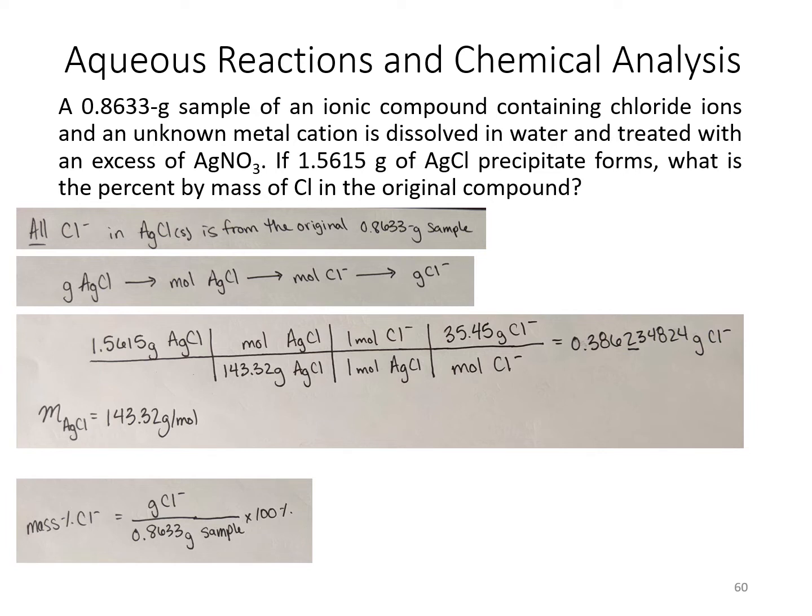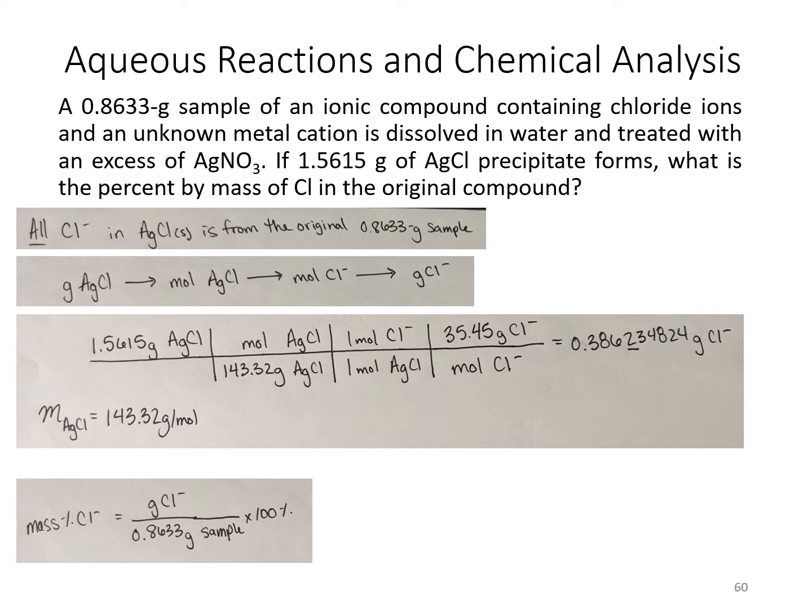And then lastly, we can convert to grams of chloride using the atomic weight of chlorine. So remember that 1 extra electron isn't really changing anything. Really, this is just chlorine, the atom, right? So that 1 extra electron does not need to be accounted for in this measurement.